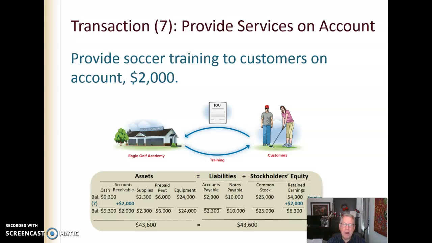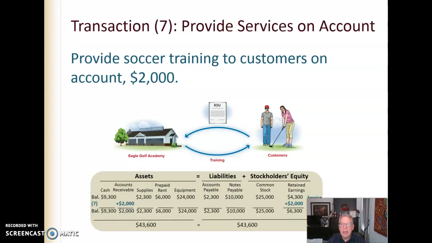Hi everybody, and welcome back to video 2 on chapter 2. We were working on revenues at this point in time. So this time we're going to provide our services not for cash, but on account, as it's called, or sometimes on credit. So we expect to be receiving money from our customers.